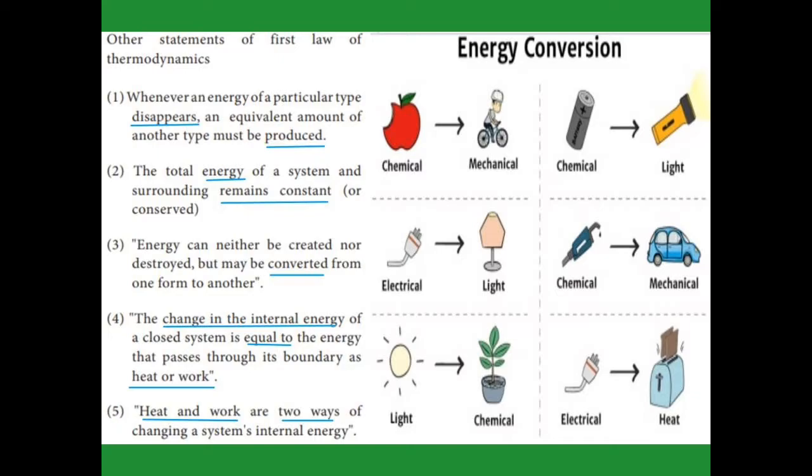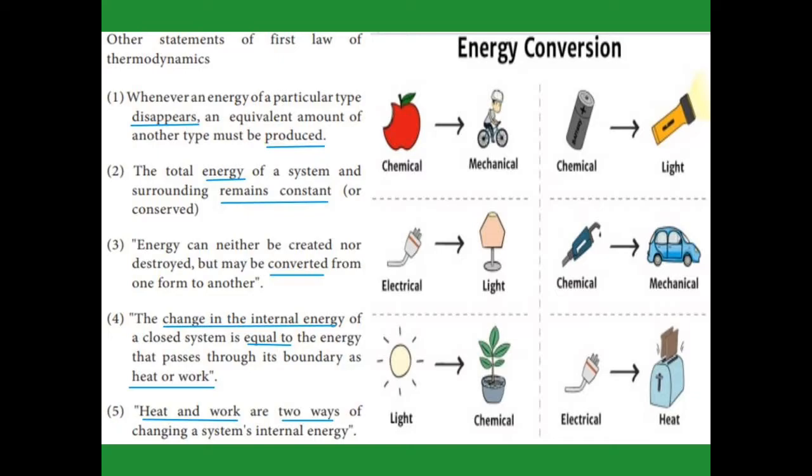The second one: the total energy remains constant. Remains constant means the system and the surroundings exchange energy, so that the total energy remains constant. And third one: energy can neither be created nor destroyed. That means it is not created; we already have the energy, and that energy is converted into another form of energy. The conversion is what is important here.